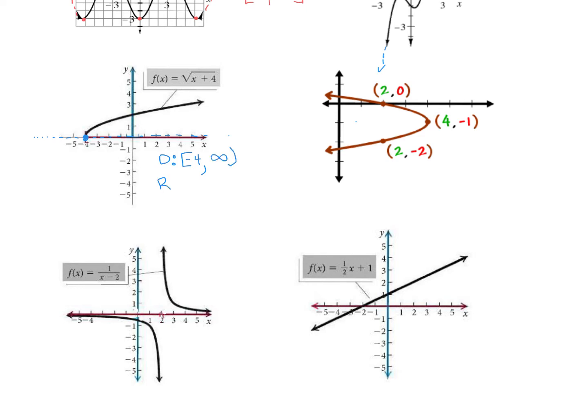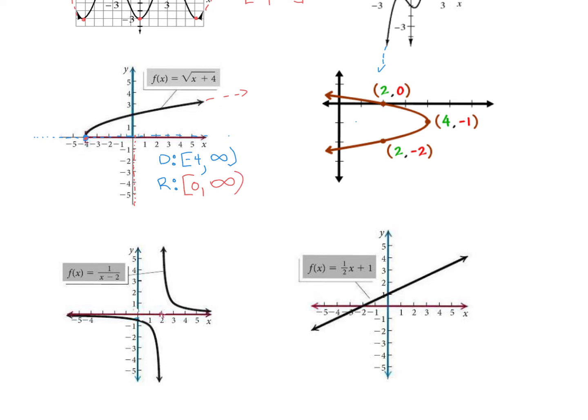Our range, on the other hand, if we're following our y-axis up, we don't have any function values until we get to y is 0. So we'll have from 0, and it keeps growing, so 0 to infinity.